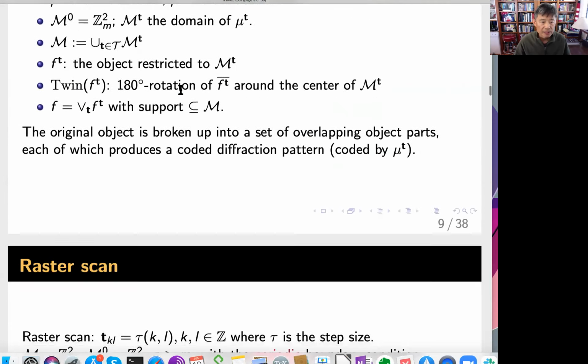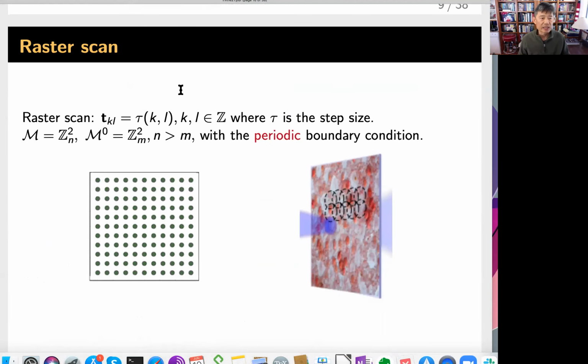Okay, so the first thing is let's just look at how the raster scan can be described. Well, again, for raster scan, because it is a cyclic group of 2 generators, we can label this shift by 2 indices, right? k and l, because I'm talking about a discrete object. So I think of tau as a step size, could be 1 or 2 or some integer, and then k and l are arbitrary integers as well.